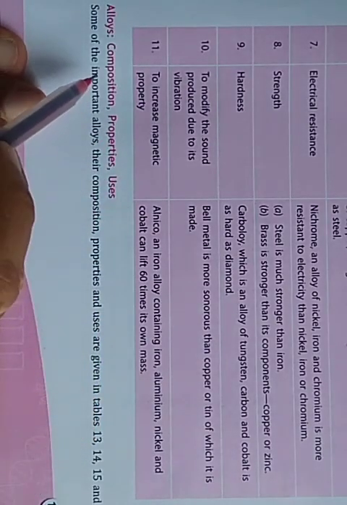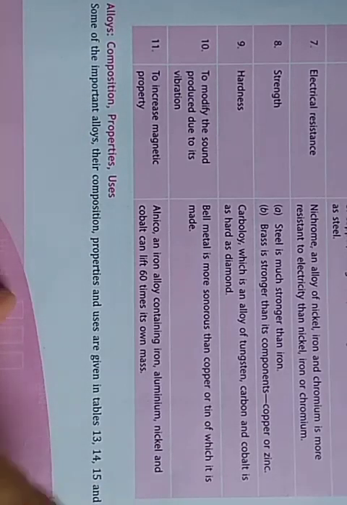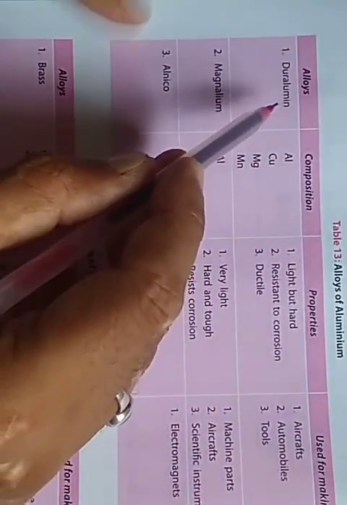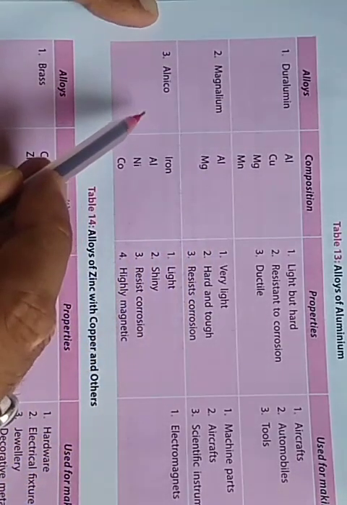Now here are the alloy compositions, properties and uses. In table number 13: alloys such as duralumin, magnalium, and alnico.